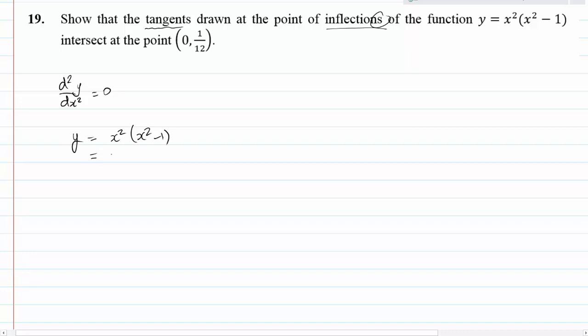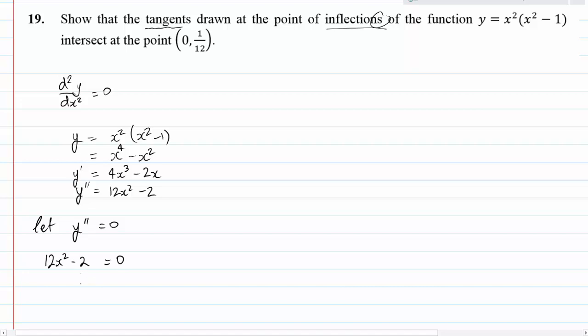I think in this case it's pretty reasonable to expand these brackets and make it a simple polynomial. So y dash is equal to 4x cubed minus 2x, and y double dash is equal to 12x squared minus 2.